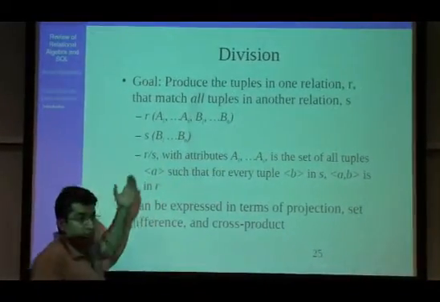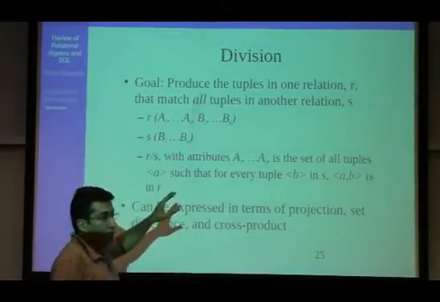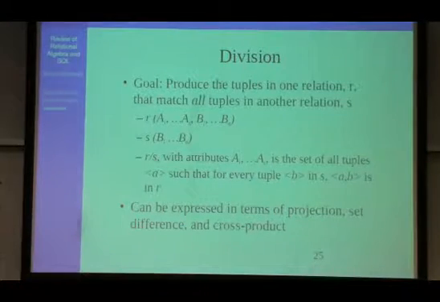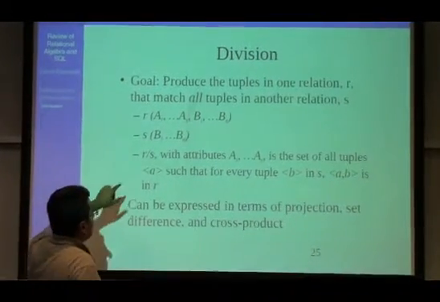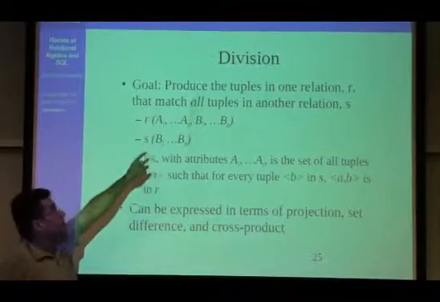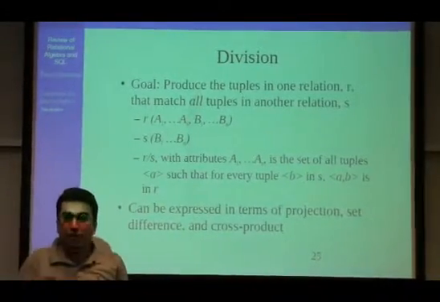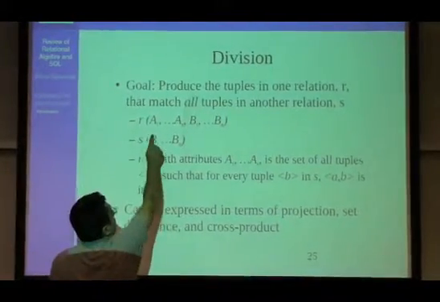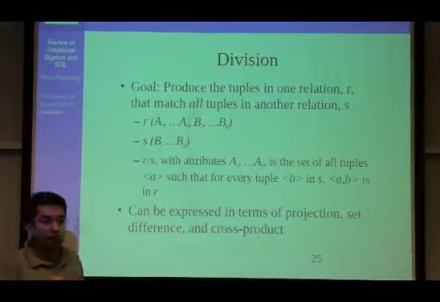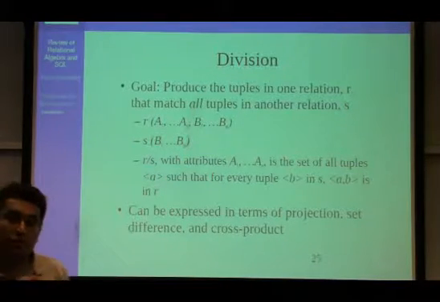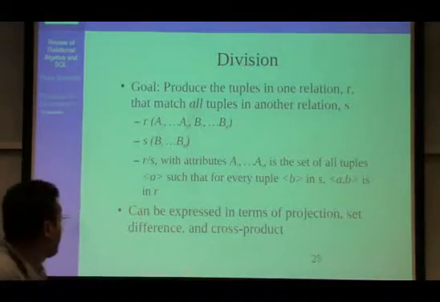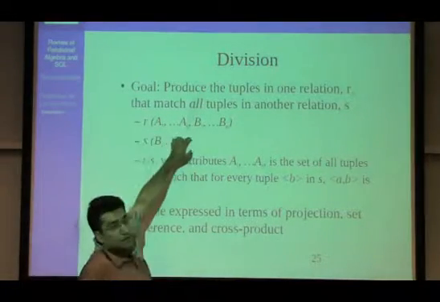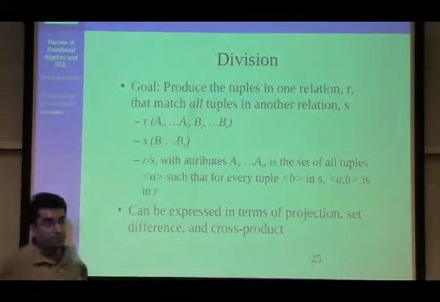You have another relationship with attributes from B1 to BM, and suppose this relationship has k rows. We are trying to extract a relationship with attributes from A1 to AN, whose rows are the rows from R that include all of the information from the other relationship.